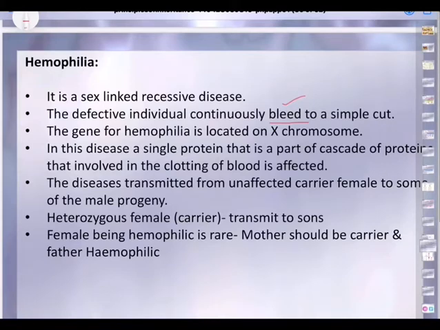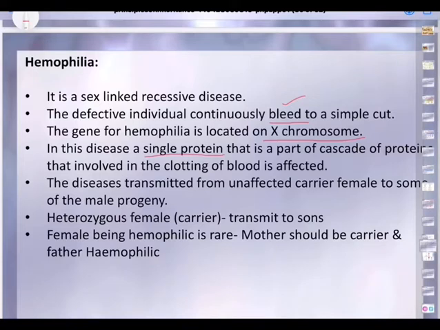Normally, if there is any cut due to an accident, or while playing a game, or while shaving with a blade, or while cutting vegetables, then in 30 to 40 seconds there will be clotting in that area. But in a person suffering from hemophilia, there won't be any clotting. Continuously there will be bleeding. So that is very, very dangerous.